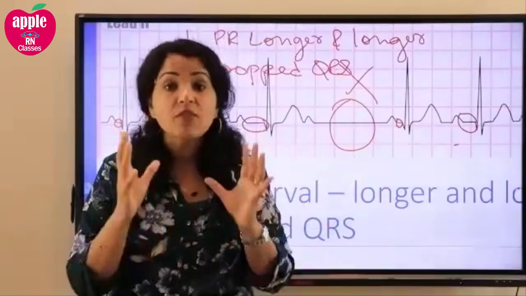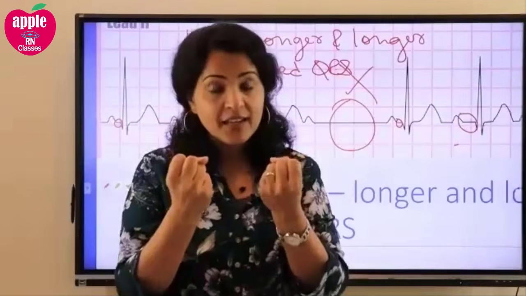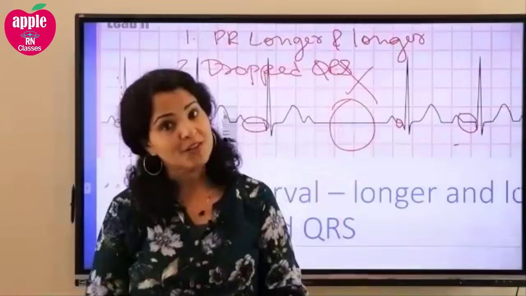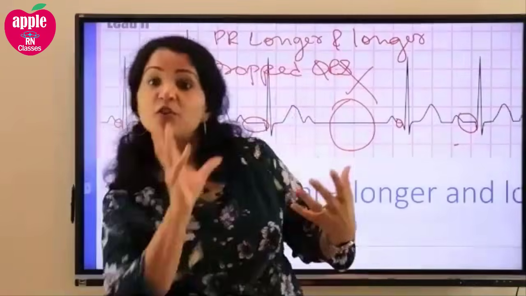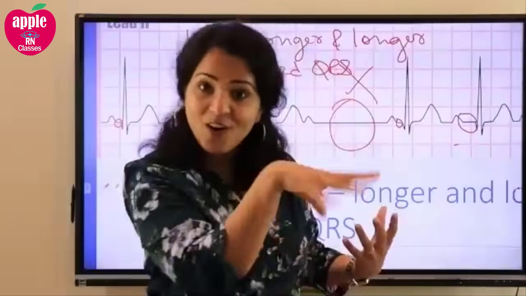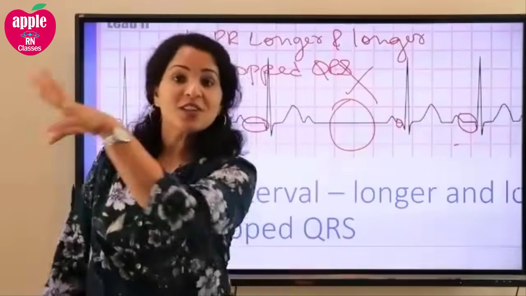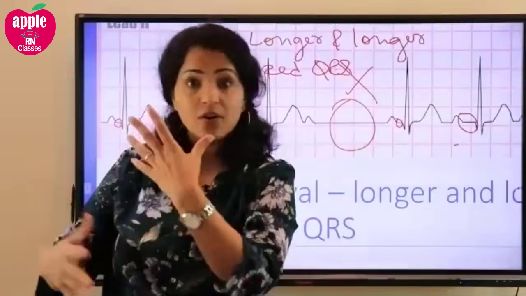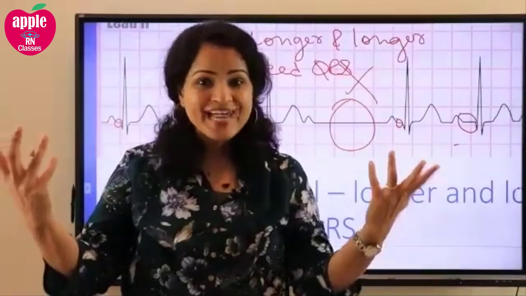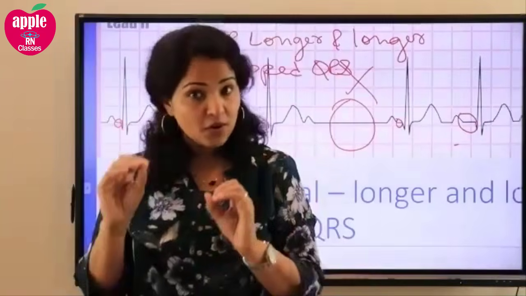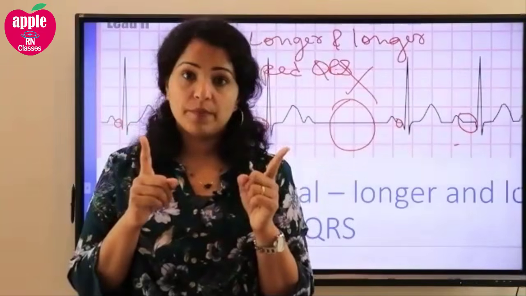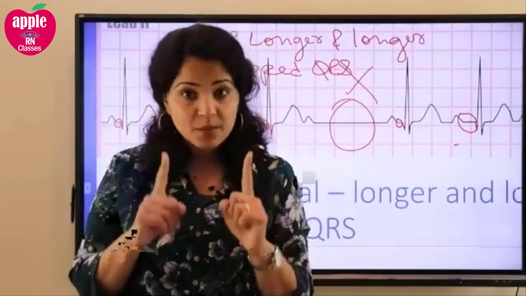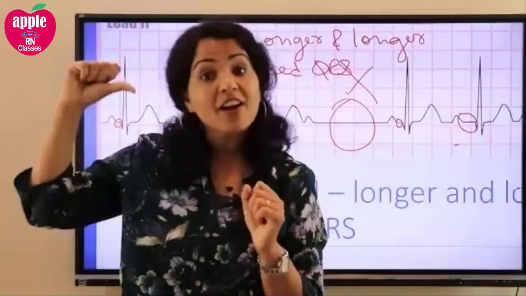Because only when the ventricles are contracting, that's when the cardiac output works, right? I mean, that's when blood is going to go into the pulmonary artery for oxygenation, and this way to the lung, to the aorta and the entire body for helping all our organs. So if the QRS is not there, that's a big problem. That means there is a problem in cardiac output.